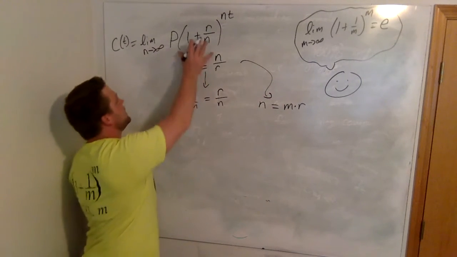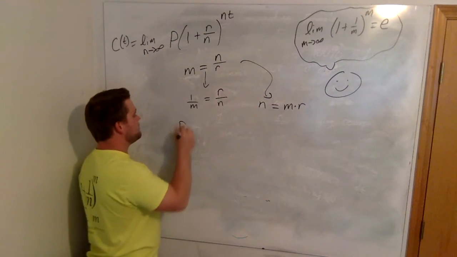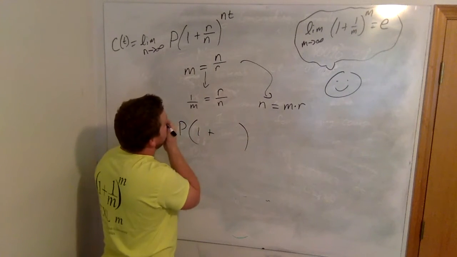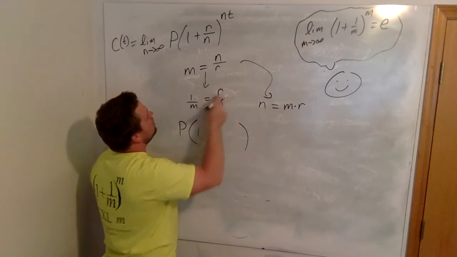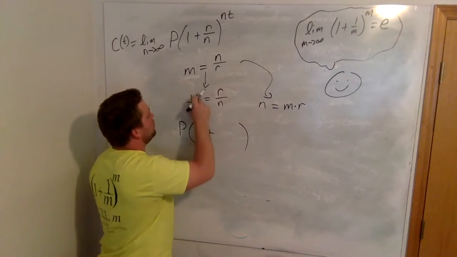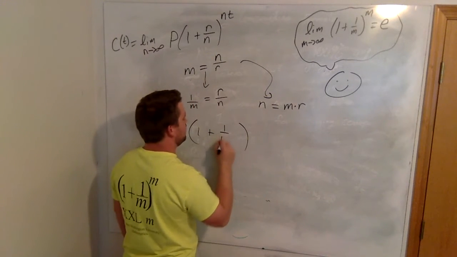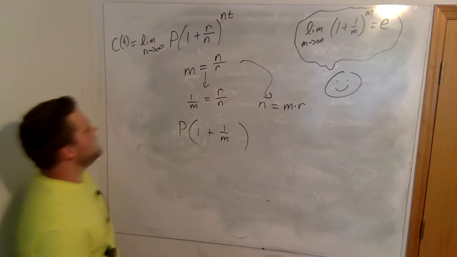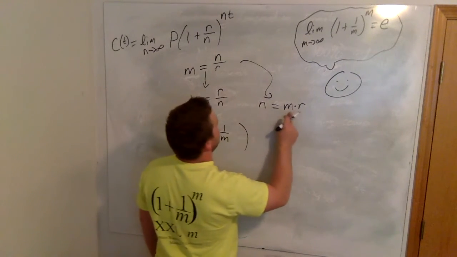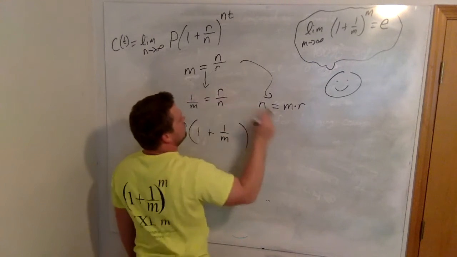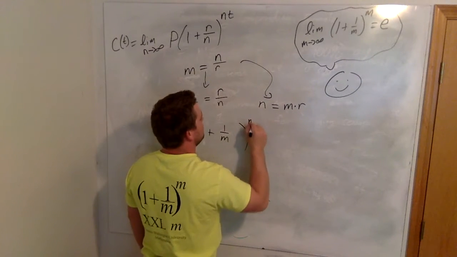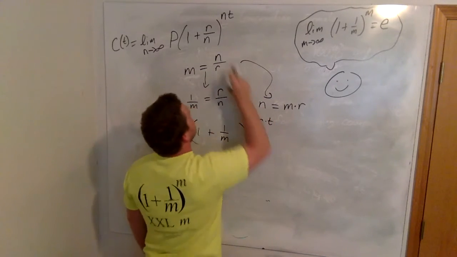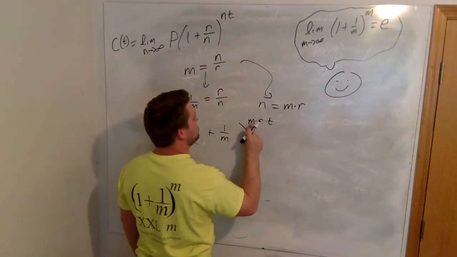Let's plug that in up here. We have our principal, and now a 1 plus. Well, r over n is the same thing as 1 over m, and our n here is the same thing as m times r. So I'm going to replace n with m times r, so m times r times t.